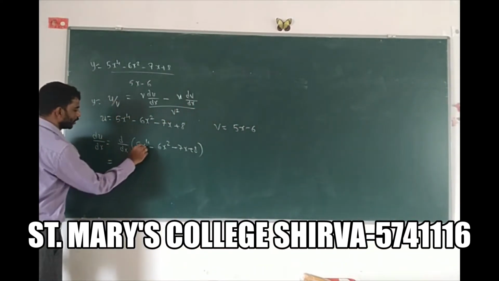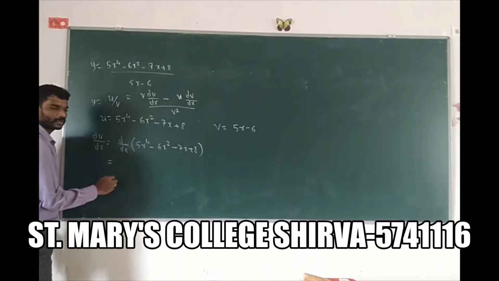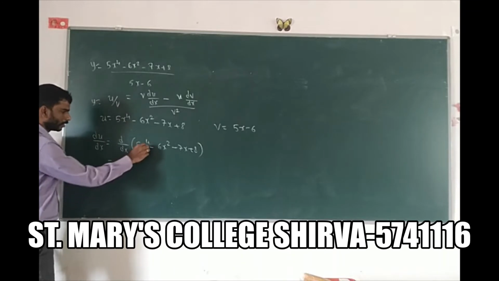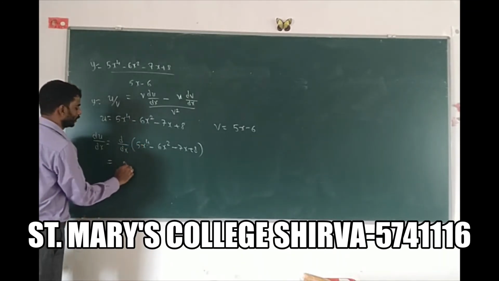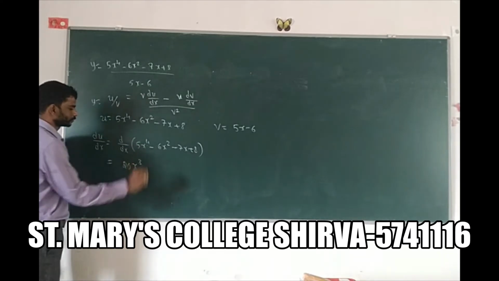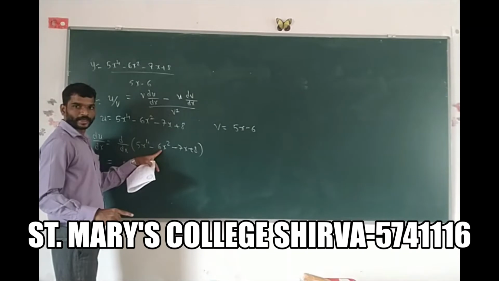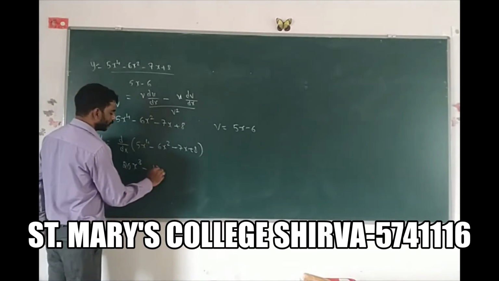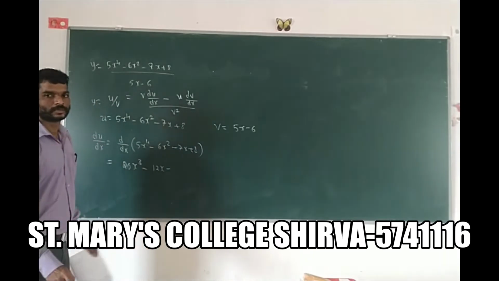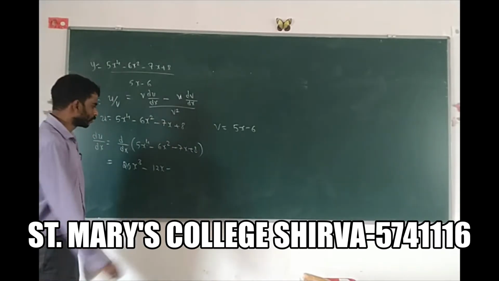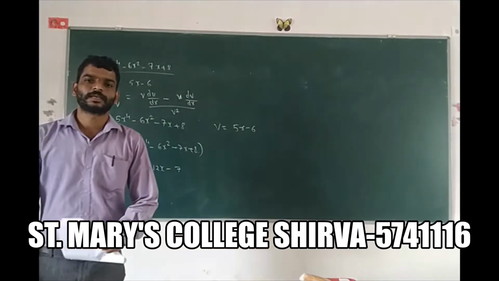Okay, here 5x power 4 becomes 20x cube, minus 6x square becomes 12x, minus 7x: the differentiation of x is 1, so it is 7, and the differentiation of the constant is 0.